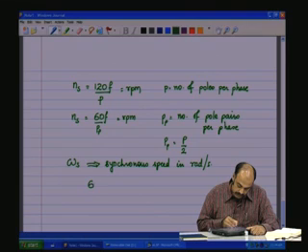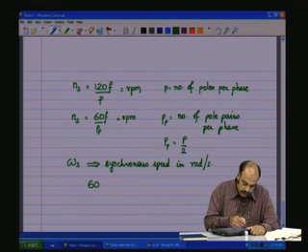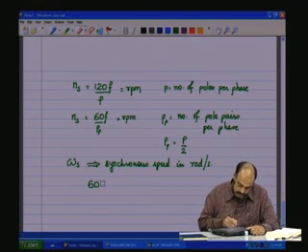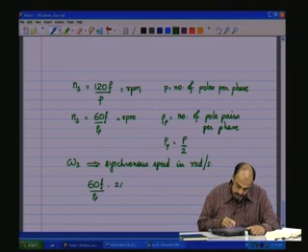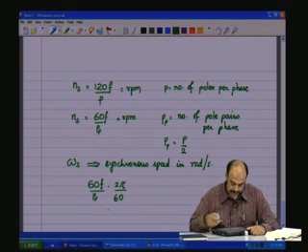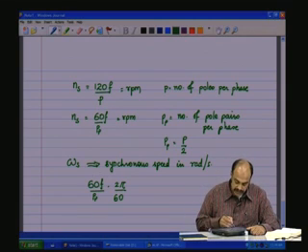To convert 60 F by PP, which is in RPM, into radians per second, you multiply by 2 pi by 60. This we saw while doing the DC machines, conversion from RPM to radians per second.